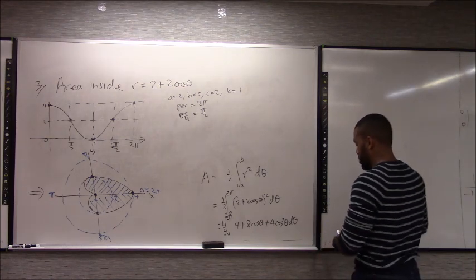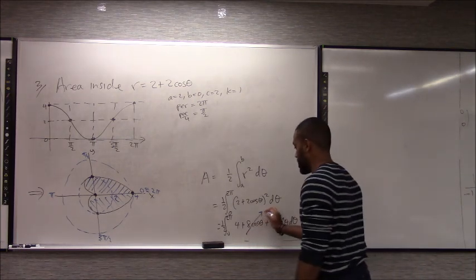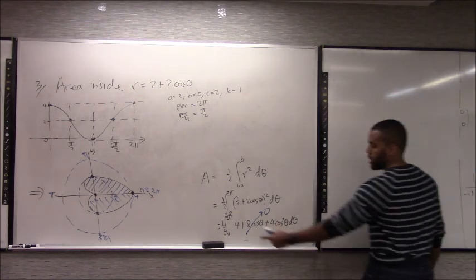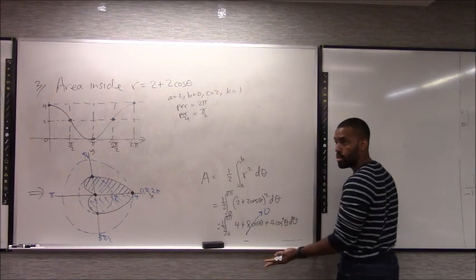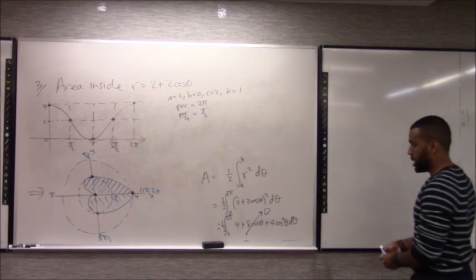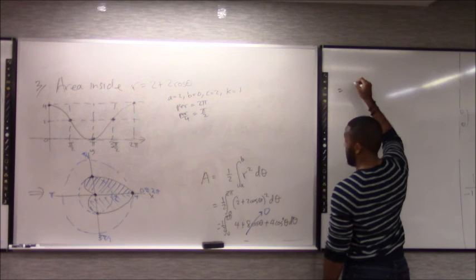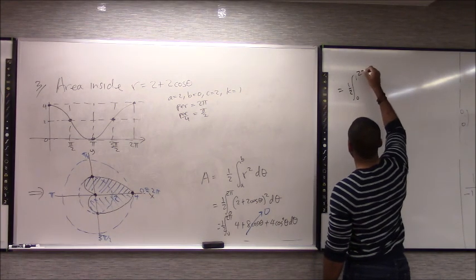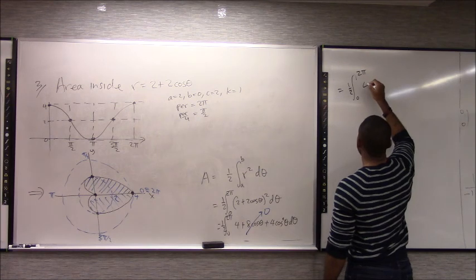Once I have 0 to 2 pi, I can immediately say that's going to be 0 and not worry about it. That's the nice thing, right? Once you're integrating over a full period of sine or cosine, you always get 0. The negative part will cancel out the positive part. So I'm allowed to ignore that part, and I would have 1/2 0 to 2 pi of 4.